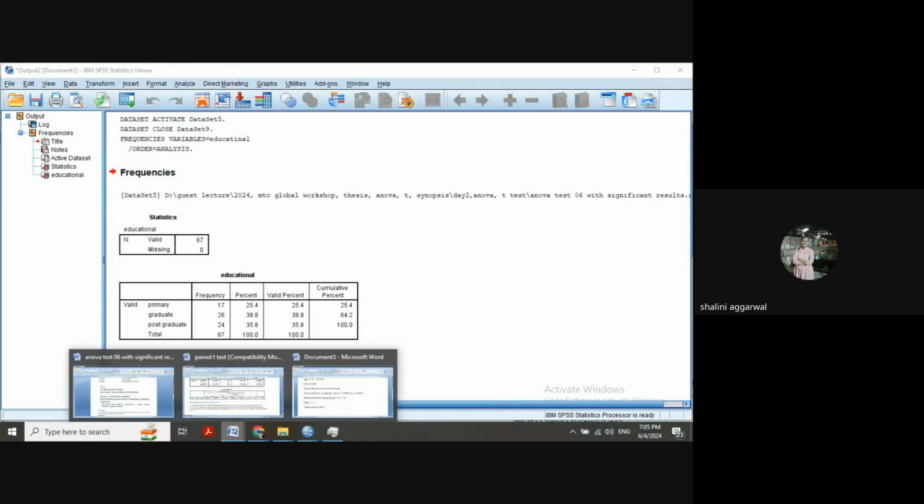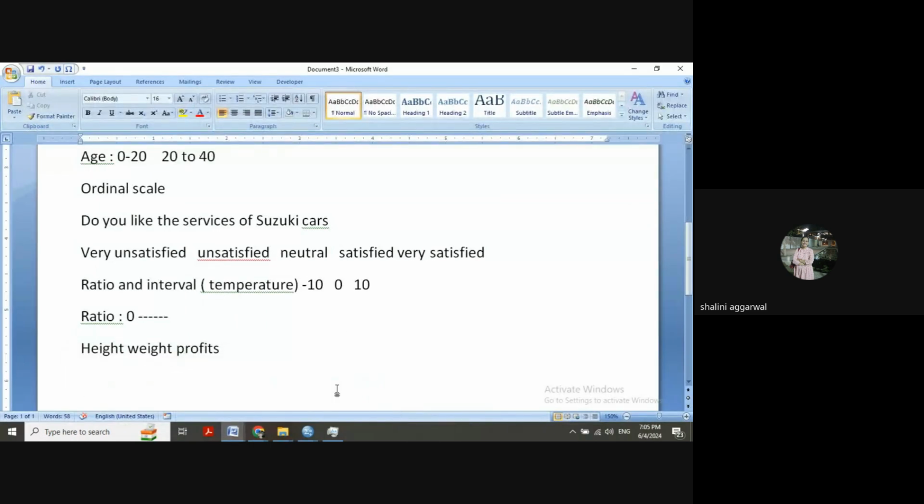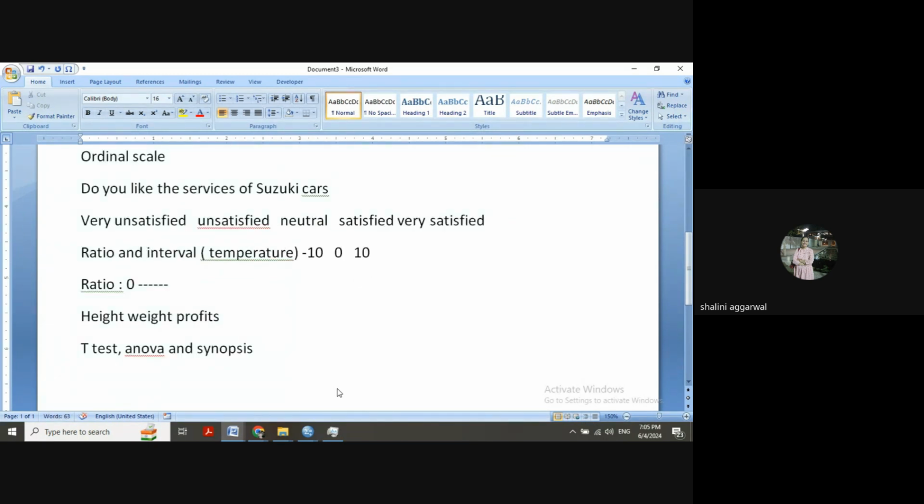So today we will be talking about the t-test, ANOVA, and synopsis, right? So what is important is t-test, ANOVA, and synopsis. Before this, we'll talk about the hypothesis.